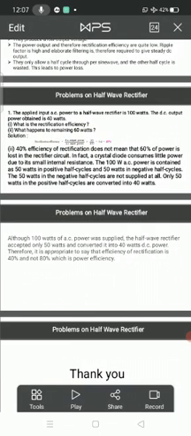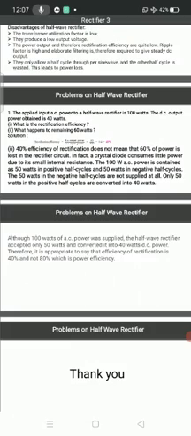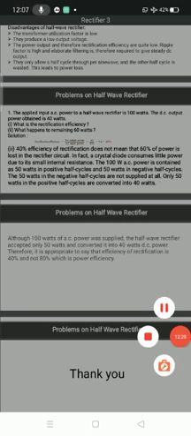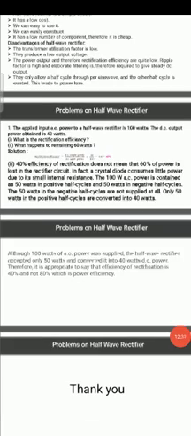It is approximately right to say the efficiency of rectification is 40% and not 80%, which is the power efficiency. So the major disadvantage is that with this half wave rectifier we convert only one half cycle, compared to other rectifiers.